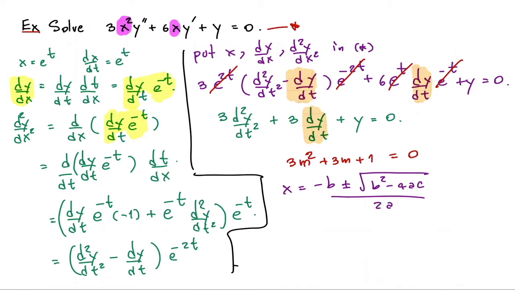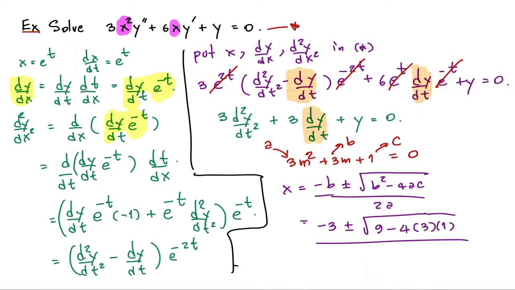That's the formula from secondary school, right? Right now, this is a, this is b, this is c. So the solution would be minus b, which is minus 3, plus minus square root b squared, which is 9, minus 4a, where a is 3 and c is 1, divided by 2a, which is 6.